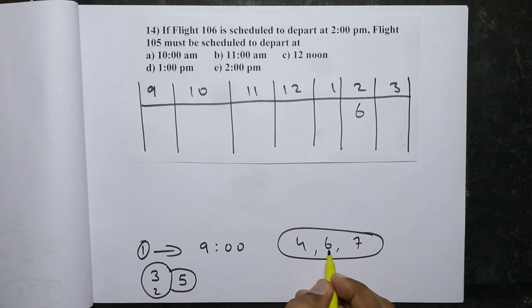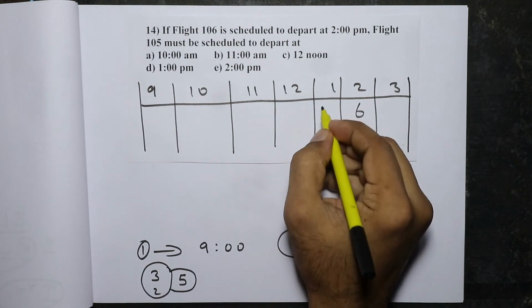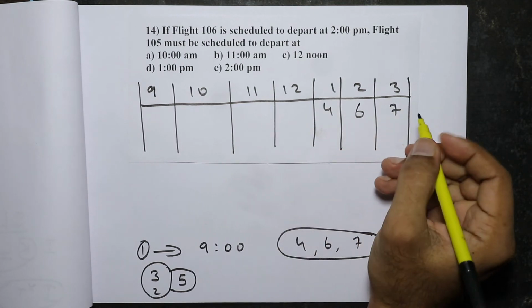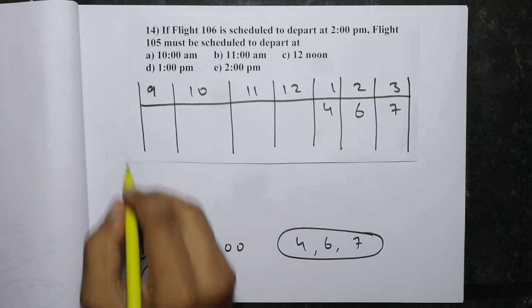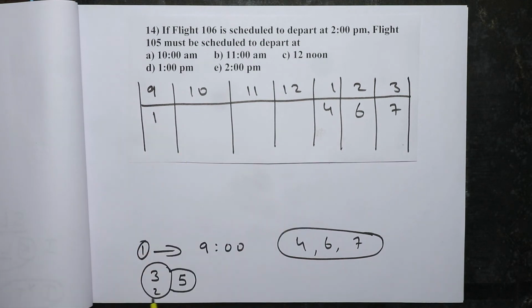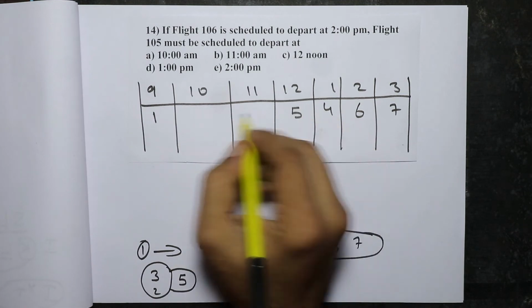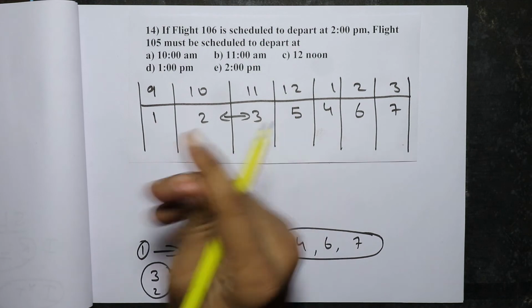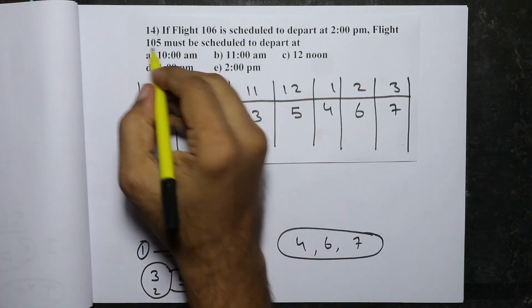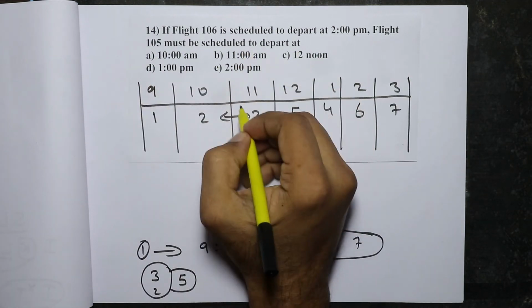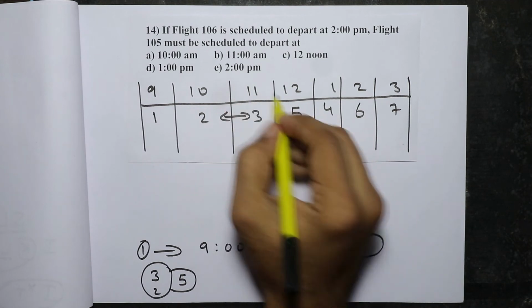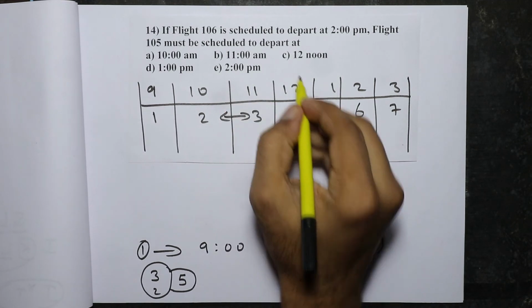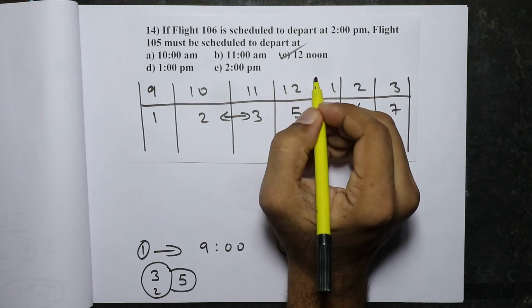Now 4, 6 and 7 in this order. Then 1 should be at 9. Then 2 and 3 should be before 5. So 5 has to be here, 2 and 3 here, and 2 and 3 can be interchanged. Now the question is, flight 105 must be scheduled to depart at what time? So 5 should depart at 12. So option C, 12 noon.